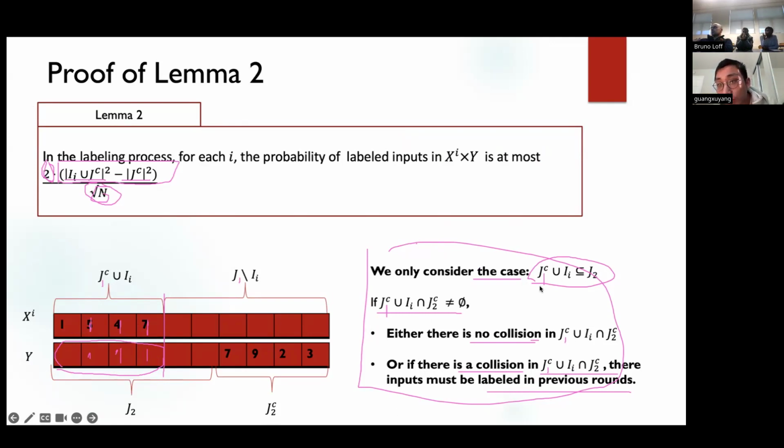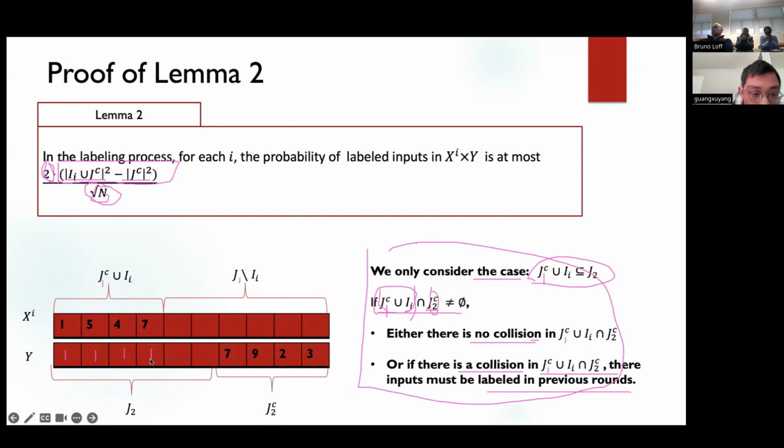But this is J1 complement union I sub I, so the I sub I set was only created when Alice was speaking, right? Yeah, this is the fixed part of Alice. This is the fixed part of Bob. If they have some common fixed part, that is the case. For example, here is some value on Bob's side.